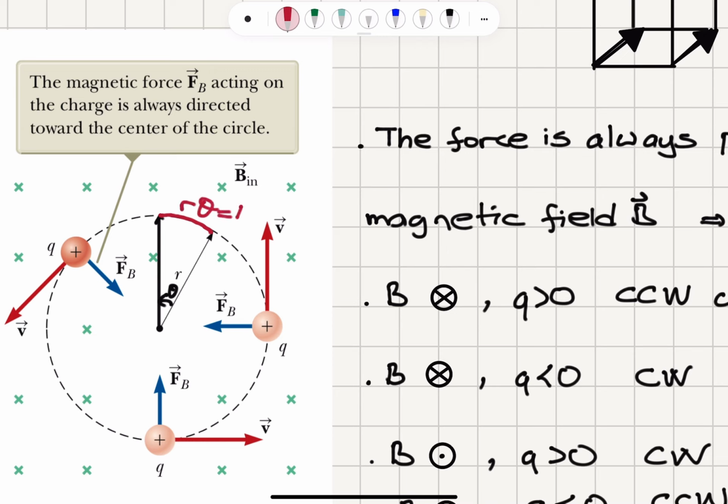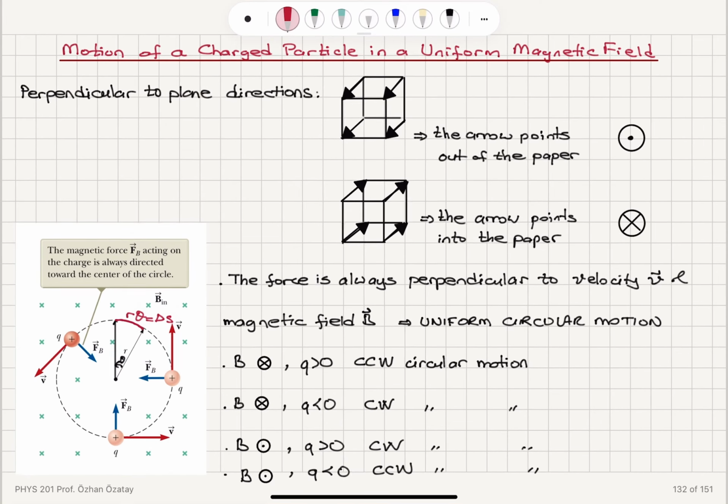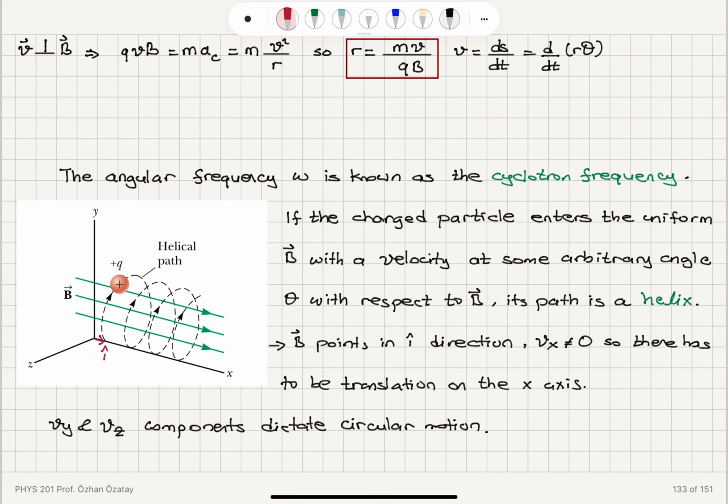So that's going to be equal to delta s. So ds will be d of r theta. Because r is constant, it comes out. So this is r d theta/dt, which is equal to the angular speed. So this is omega multiplied by r.